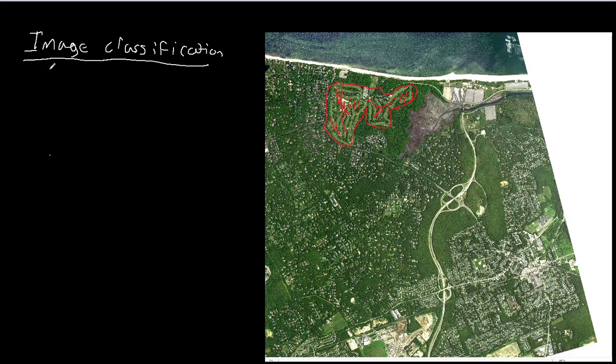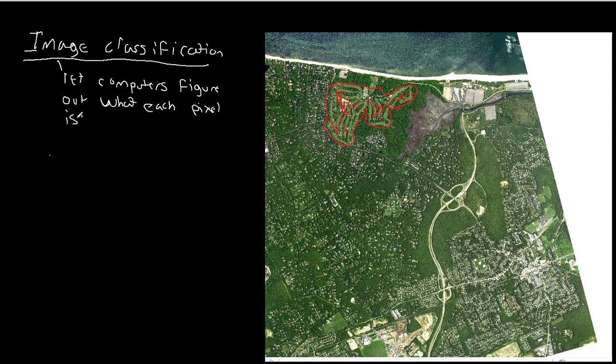All right, so again, the idea that we're aiming for here is to let computers figure out what each pixel is. This is the layman's term definition of image classification.